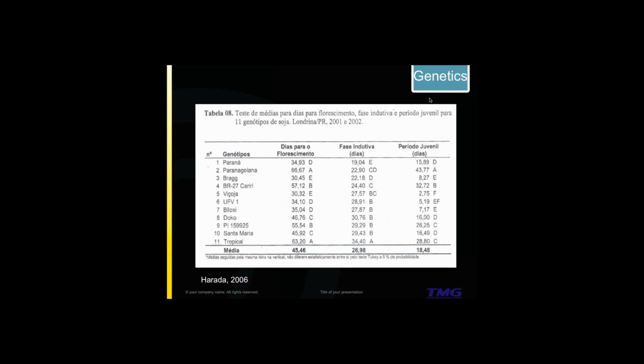And that was true for different planting seasons.